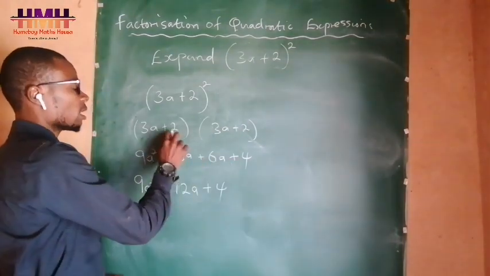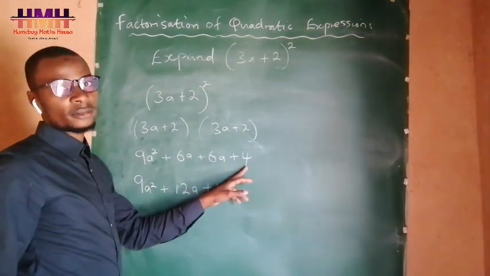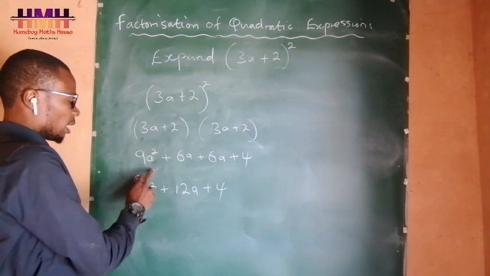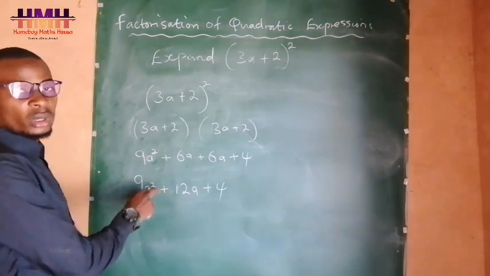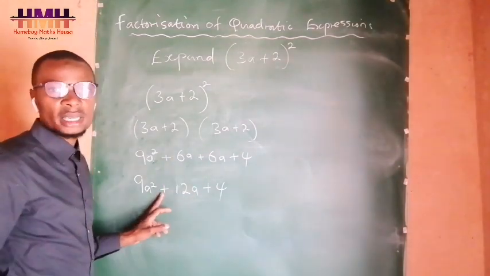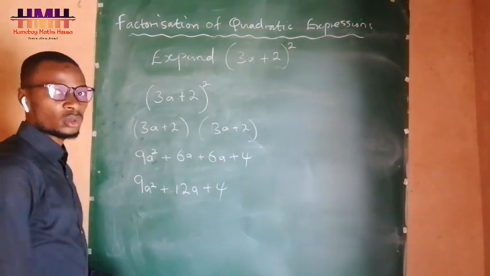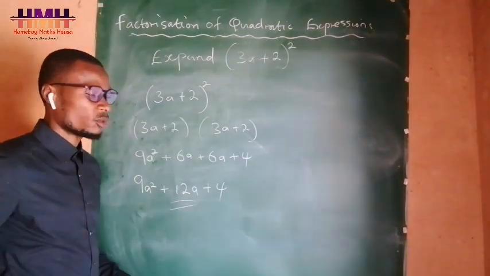Lastly, we say 2 times 2 equals plus 4. Then we bring down our 9a squared. Then we say 6a plus 6a is equal to 12a. So this is the final answer.